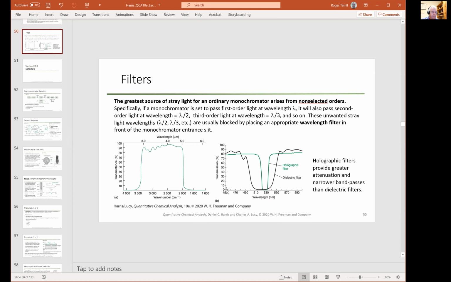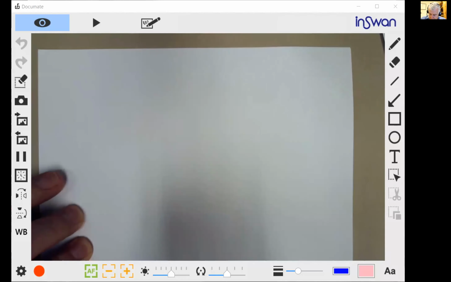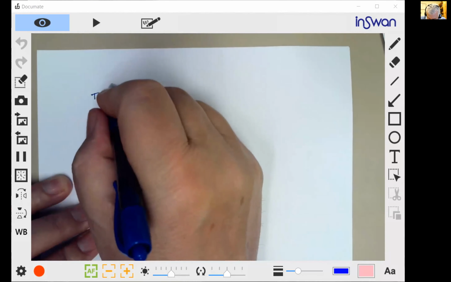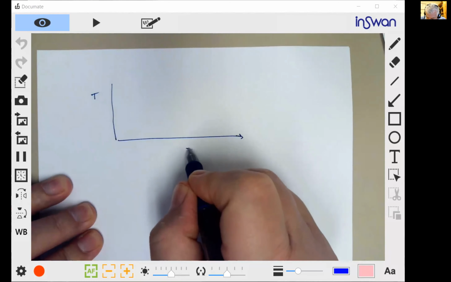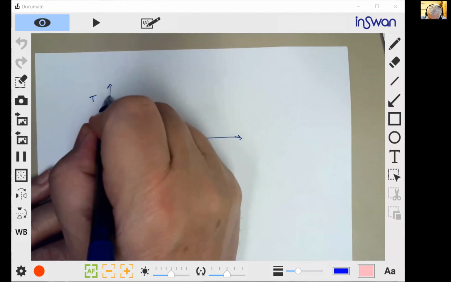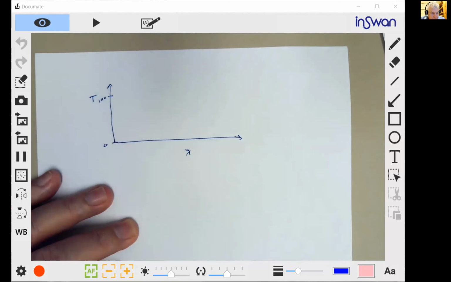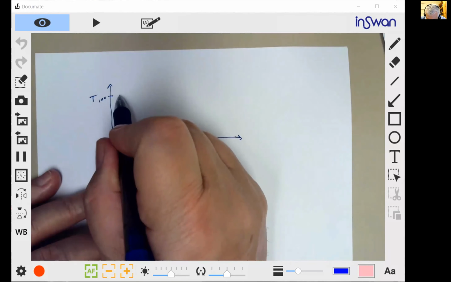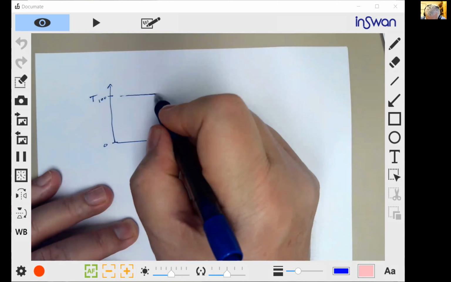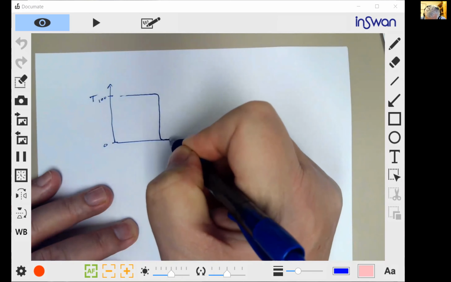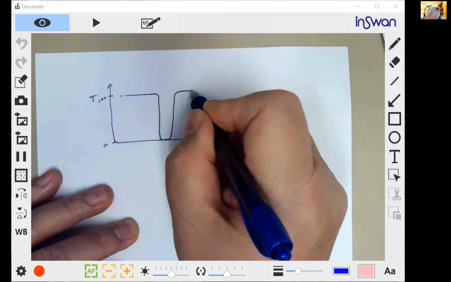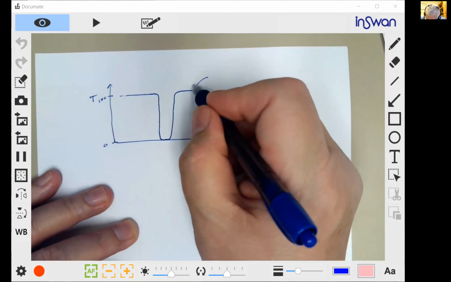There is an inverse type of filter called a band pass filter, right? So let me switch over quickly to the document cam to frame this question. If you're looking at the transmitted power versus wavelength, you can have a maximum of 100 and a minimum of 0. You can have one type of filter which essentially does this, and this is called a notch filter.